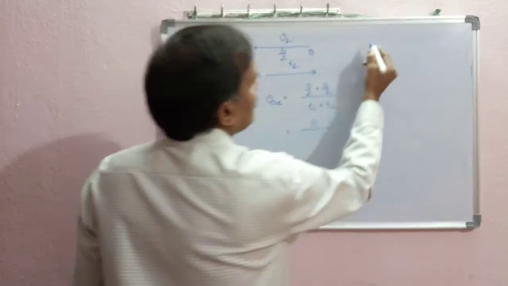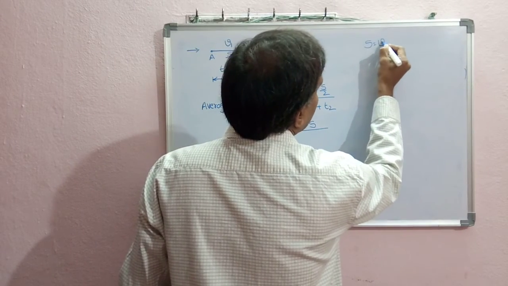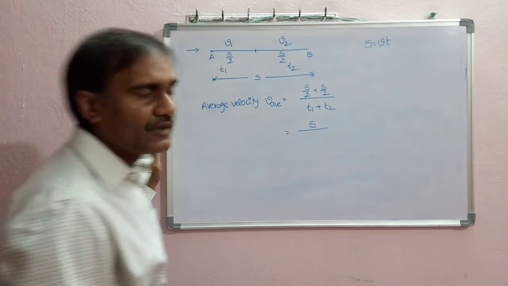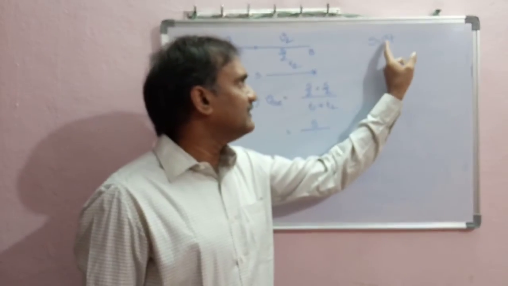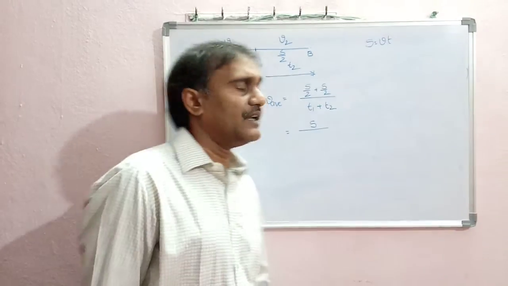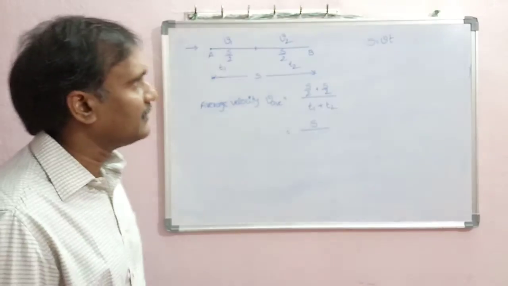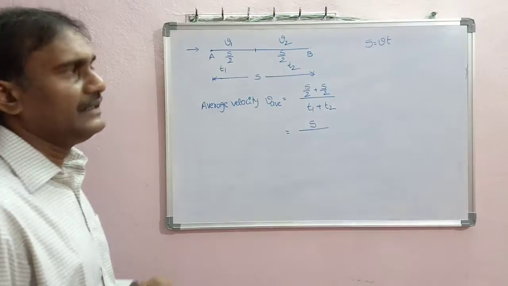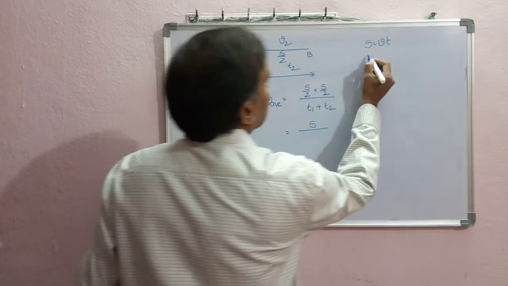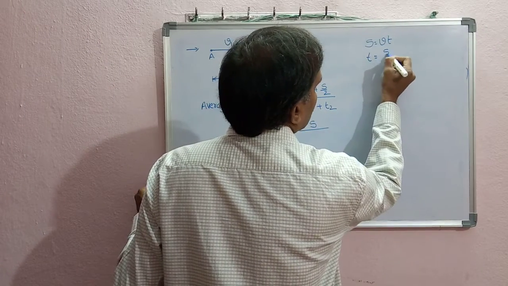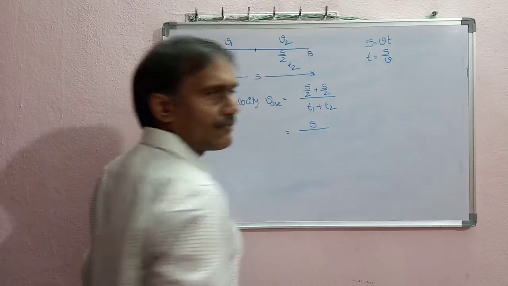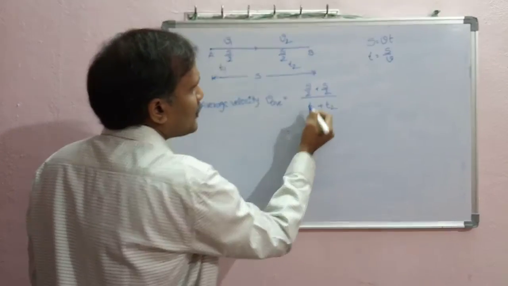Already you know that S is equal to V into T. Displacement is equal to average velocity into time interval. For this displacement, what is the average velocity? V1. Time interval is T1. From this formula, T is equal to S by V. Therefore, T1 becomes how much?